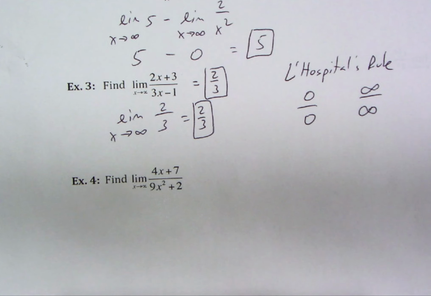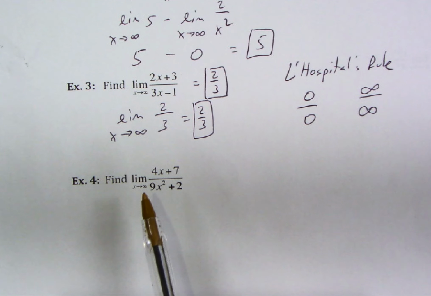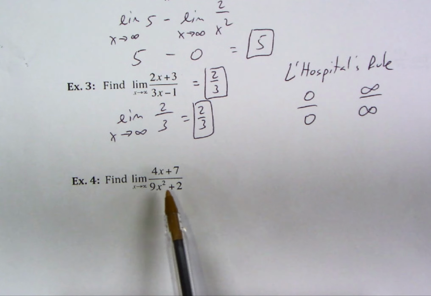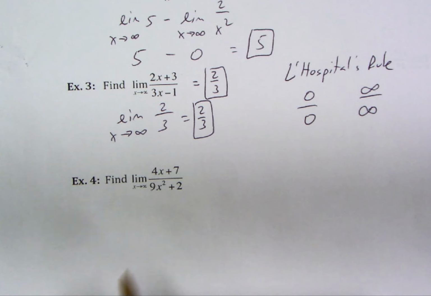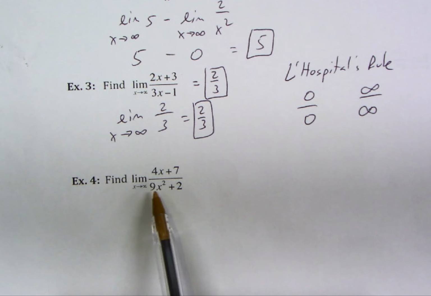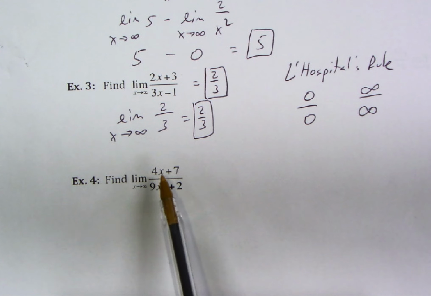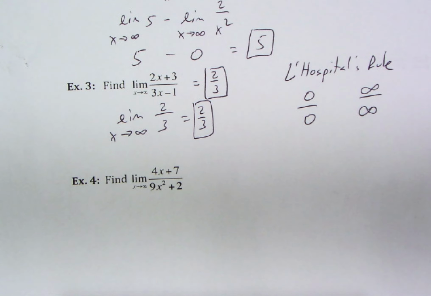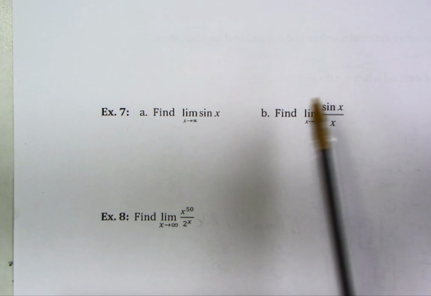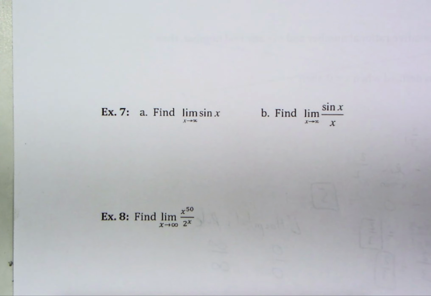The next one, the limit as x goes to infinity. Well, I'm going to use my asymptote rules. The degree on the bottom is bigger than the top. What this really means is the bottom number is going to get gigantic compared to the top number. That's how I want you to think about this, because when we do get to these other types of problems where we can't use rules, we have to think in terms of domination.